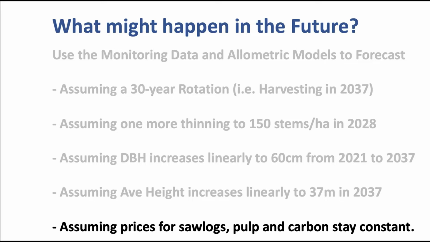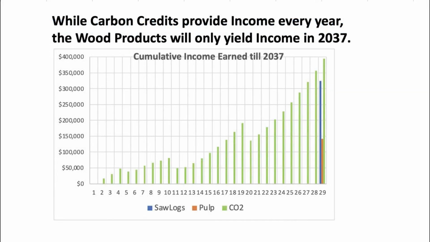So, what might we have? This is the cumulative income from the sawlogs, the pulp and the carbon credits from 30 years up till 2037. So it's the same as the diagram we've already seen, but it's extending it out to 2037, a 30-year rotation.